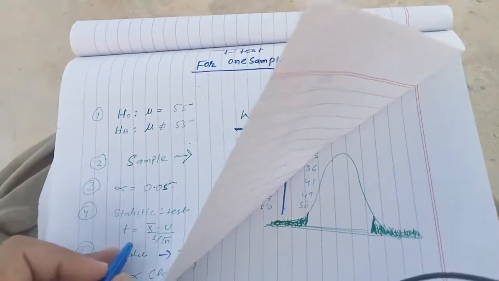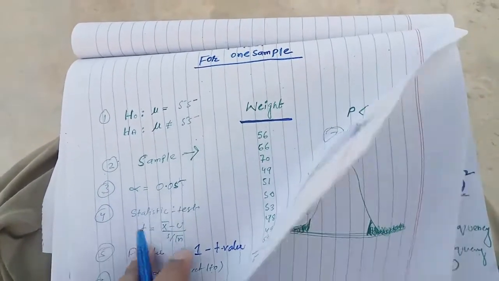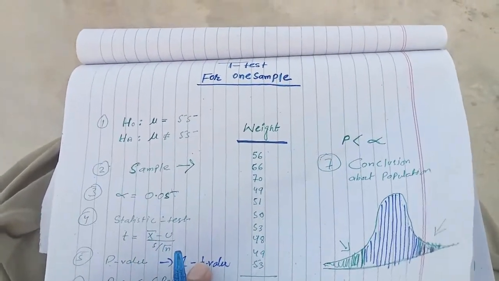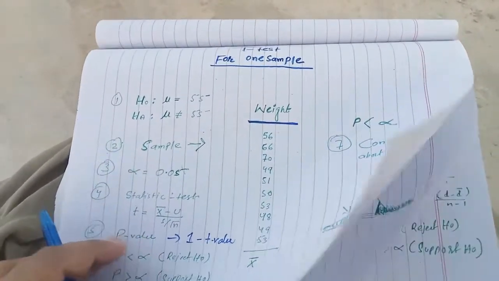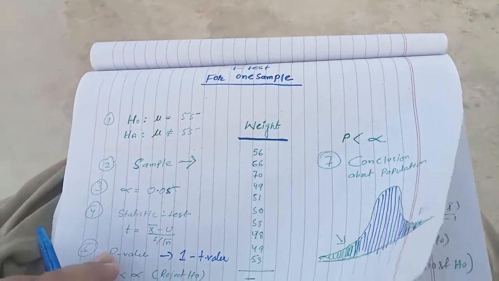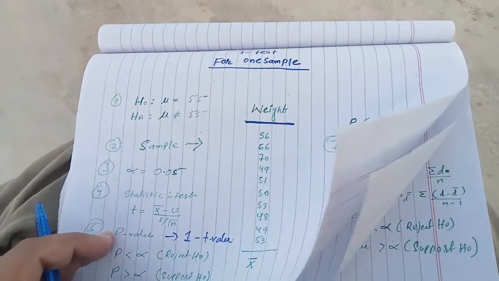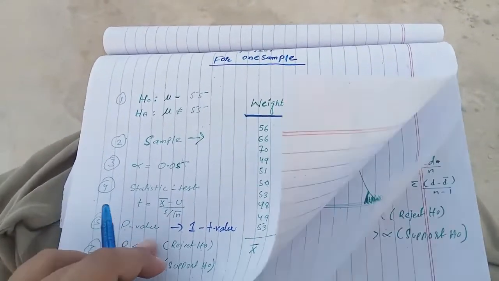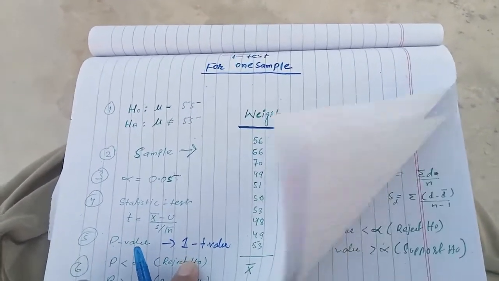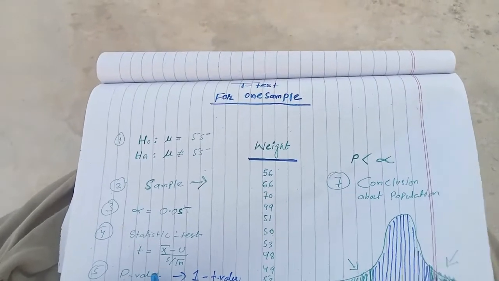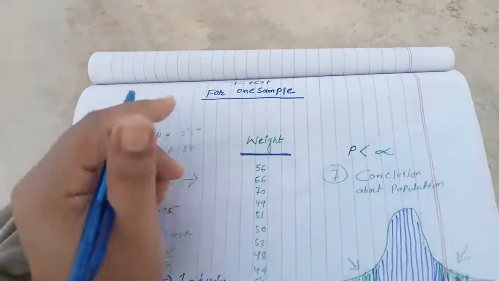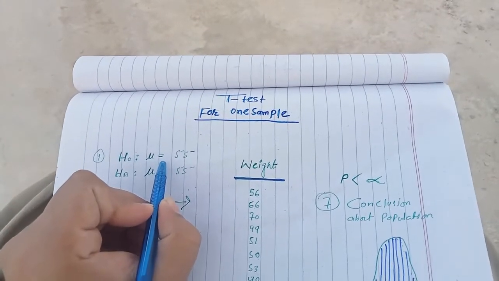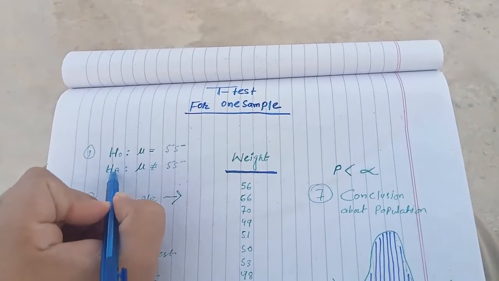Once we calculate the t-value, we use it to calculate the p-value. Once we have the p-value, we see whether it is greater or less than alpha. If it is less, we reject the null hypothesis and can say that the average weight of the students is not equal to 55.